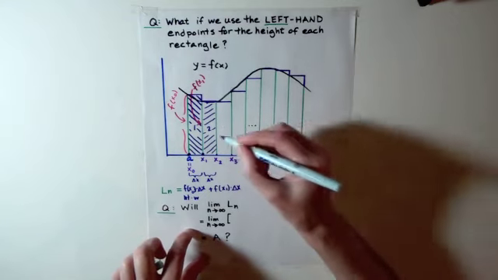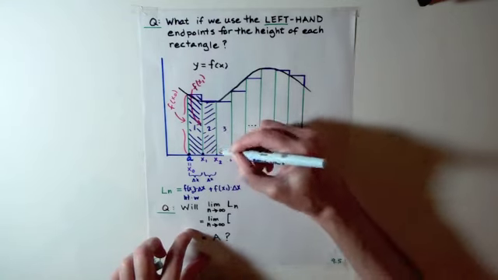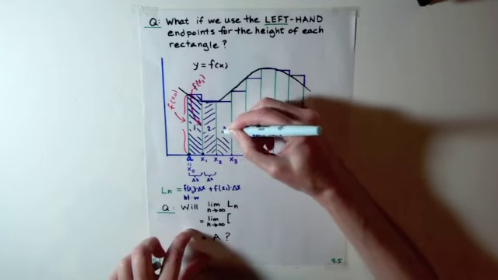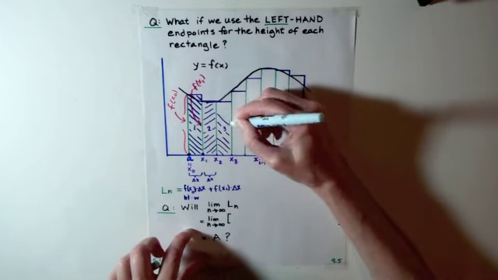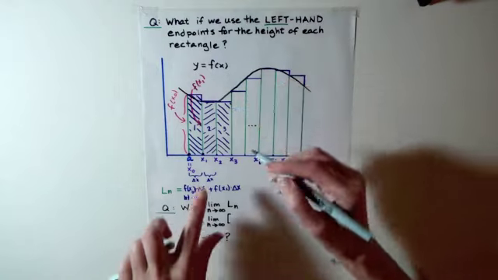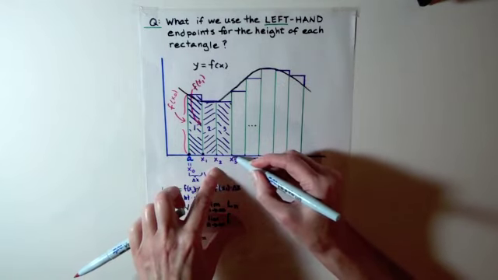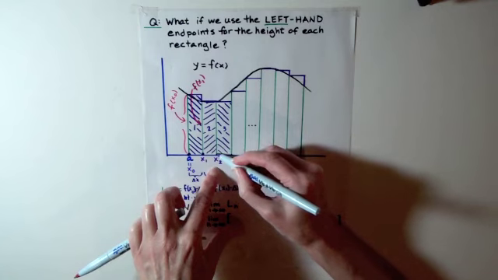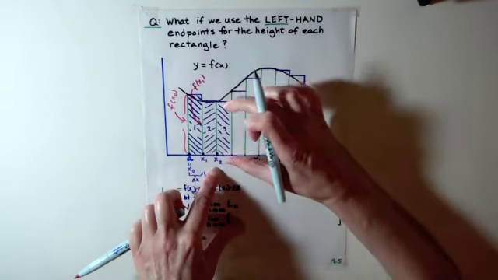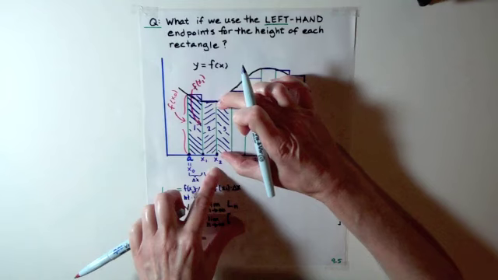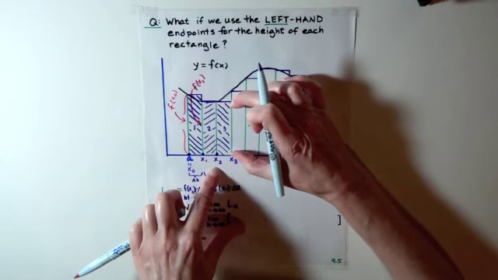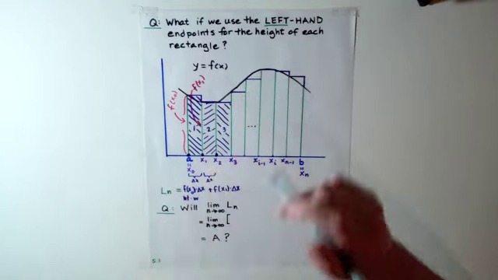If I did the third rectangle, it would be exactly the same idea. I'm looking at the interval from x2 to x3 now. I use the left-hand endpoint of that little subinterval to figure out my height. So I'm using this green height, and you notice that this rectangle that's been drawn for us is at the correct height.